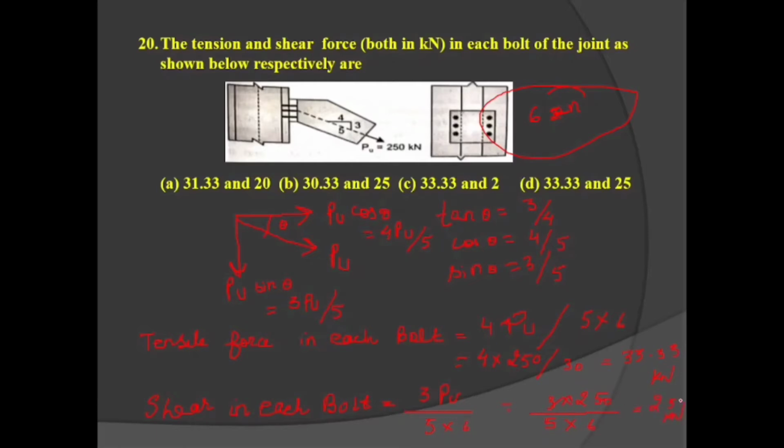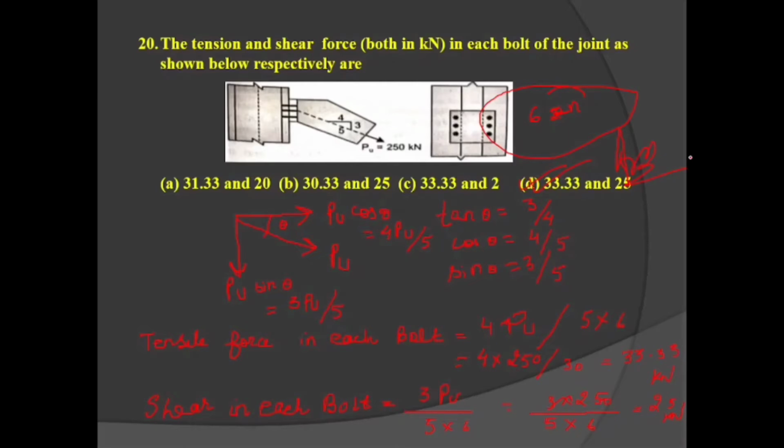So my dear students, these two values we had to calculate, and our final answer is 33.33 and 25. So option D is the correct option. This was our question number 20.